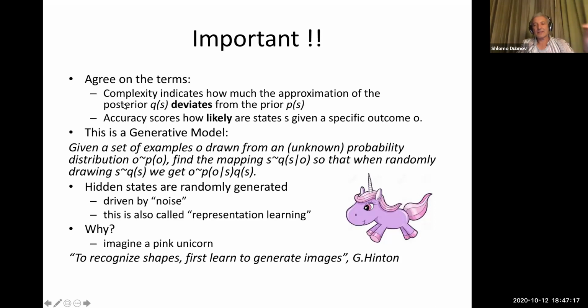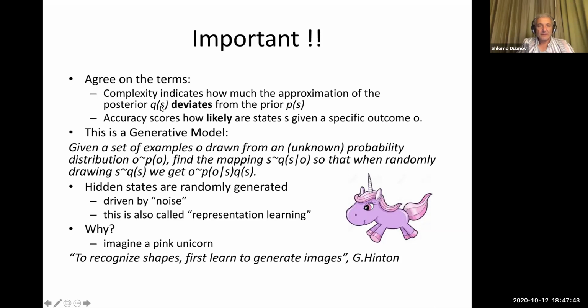Posterior in the sense that this is the inference, right? From the data we infer the posterior. So this is our approximation. How our approximation deviates from the prior, and the prior means the real world. So again, these are very technical terms, but basically the Q(s) deviates from P(s).